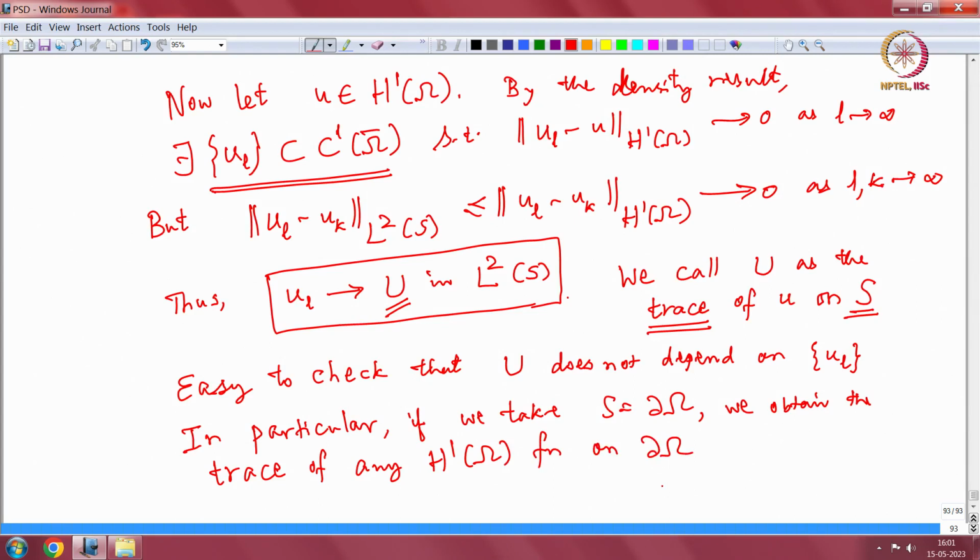In fact, usually if you see the literature, trace is referred to only that function defined on the boundary.